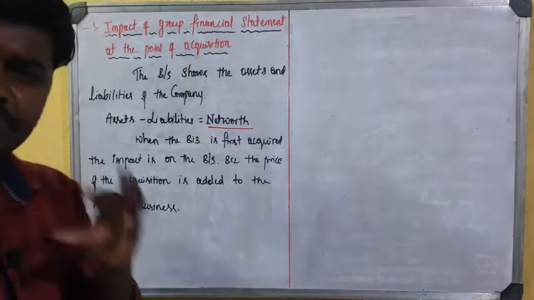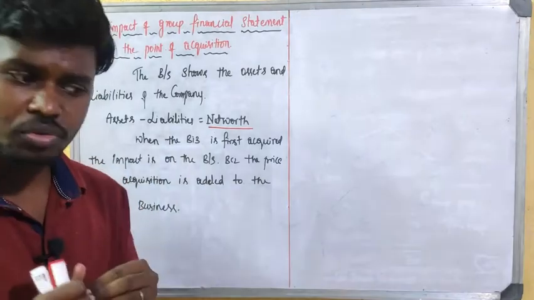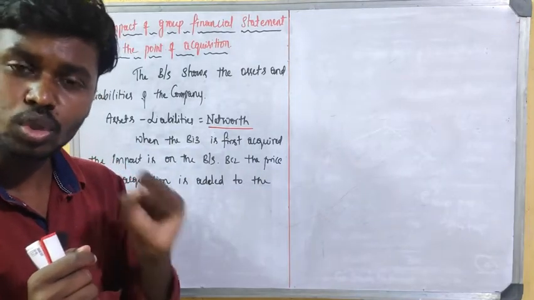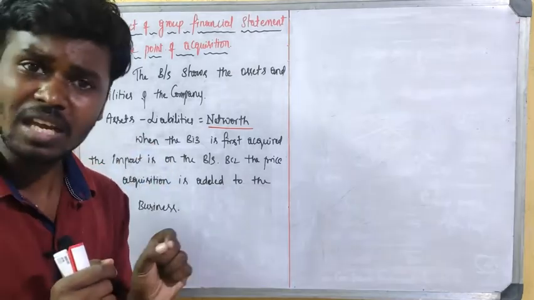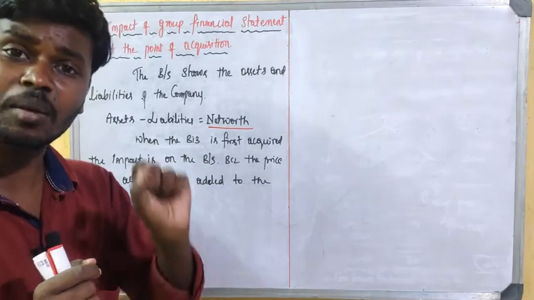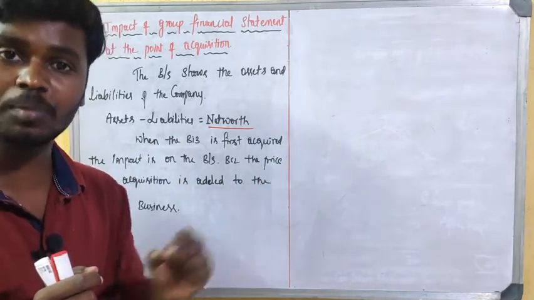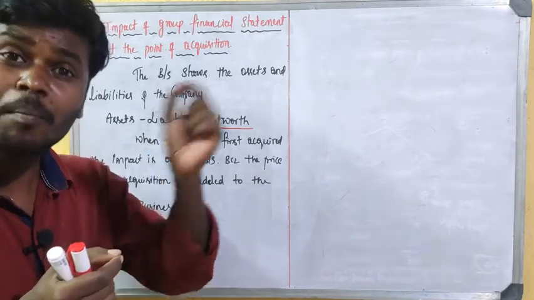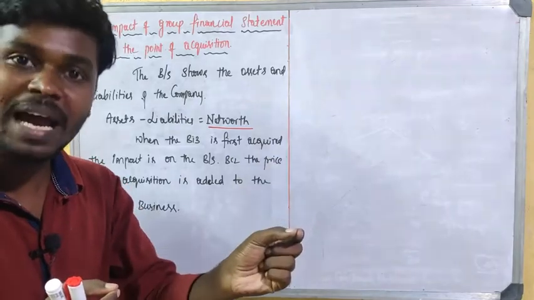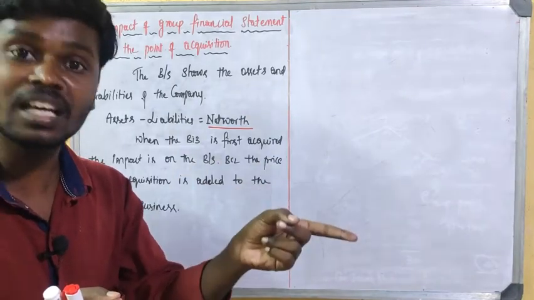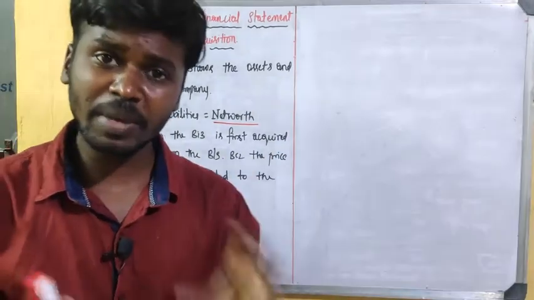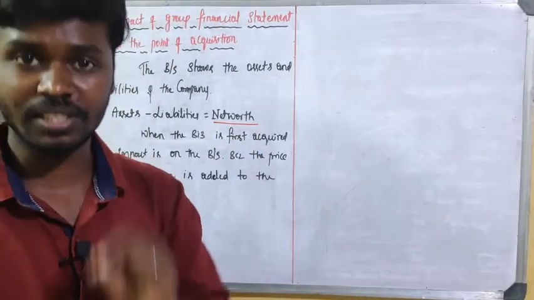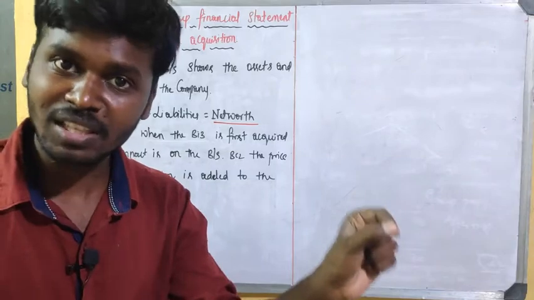Okay, so observe, in acquisition process, the holding company acquires the shares in subsidiary company. So during this process, when the company acquires the shares in the subsidiary company for the first time, then definitely this acquisition process impacts and affects the balance sheet, but not the income statement. Why? Because that acquisition amount must be added to the assets. That asset must be represented in the balance sheet.